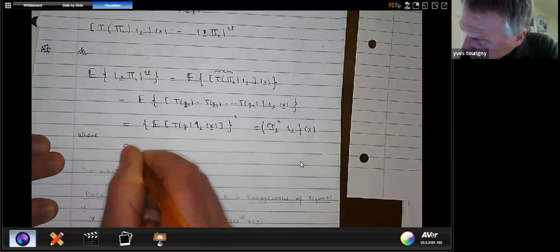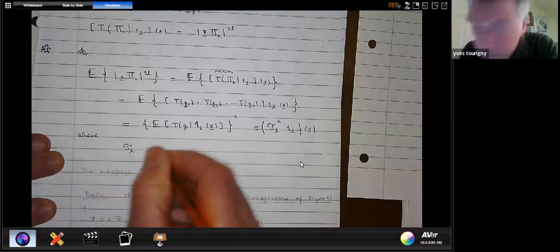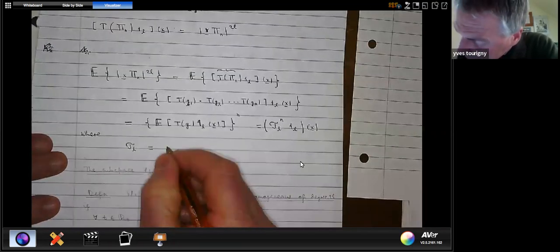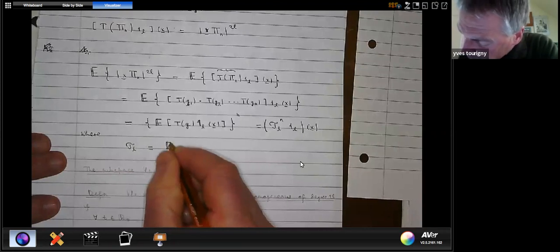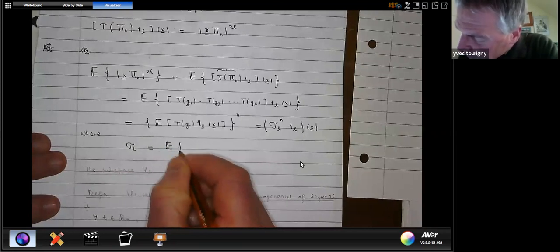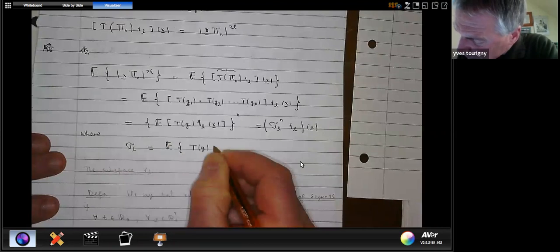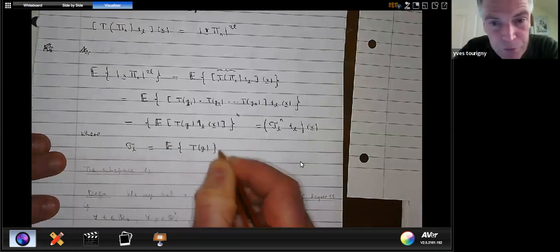you see that this magic operator, the operator that's featured in the spectral problem I mentioned at the very beginning, is, in fact, an average of the representation over the group.